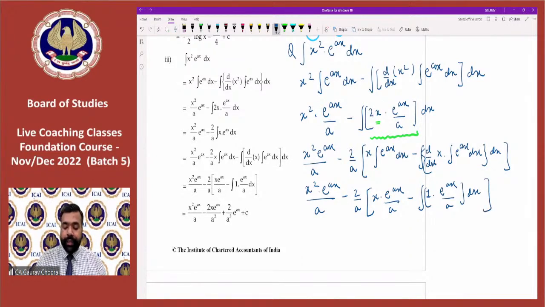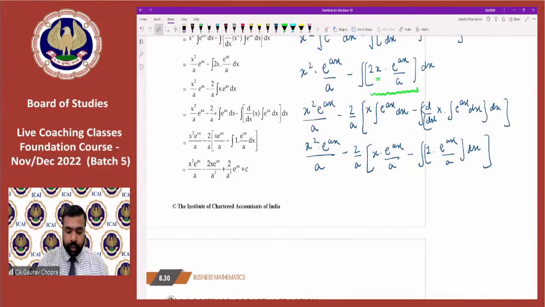And then we have to integrate it one more time. So x square e to the power of ax upon a minus 2 upon a square and then x e to the power of ax.